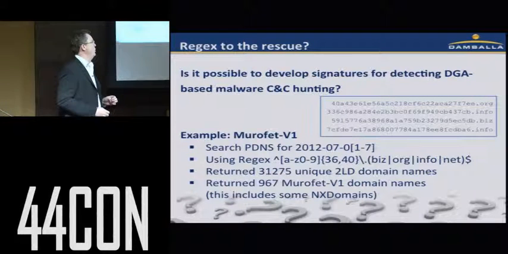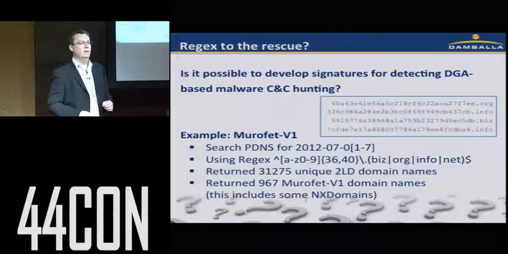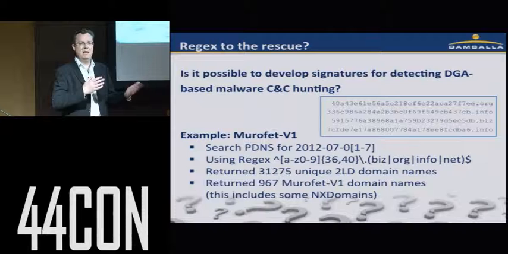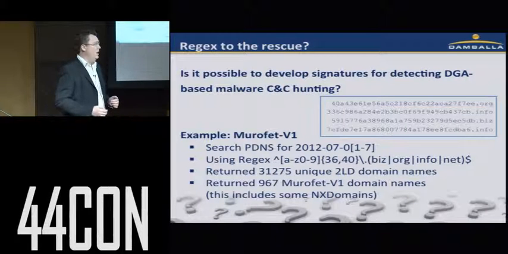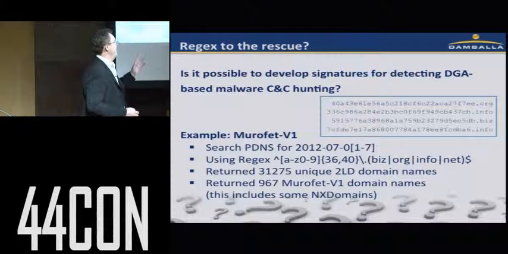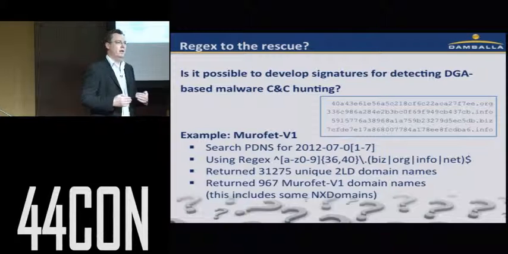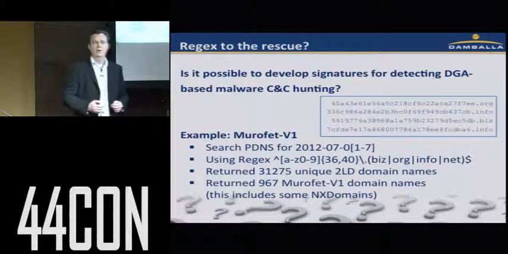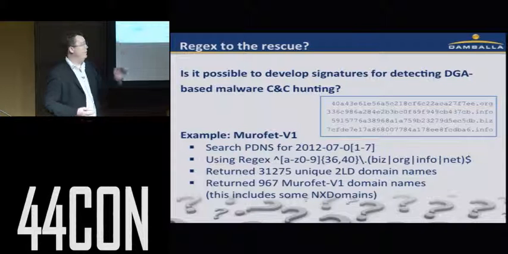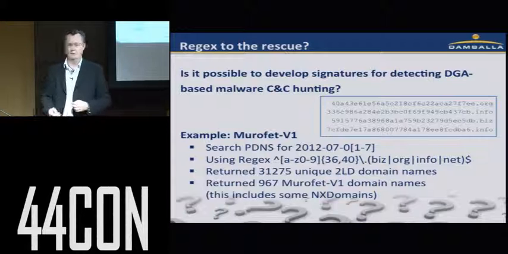For that particular 1 week on our passive DNS, there were a little over 31,000 2LDs meeting that criteria. Having a closer look, only 967 of them were actually associated with the malware. All the rest were basically legitimate domain names. So this is a problem even with something that should be fairly simple. There's an awful lot of legitimate use of garbage domains out there. Okay.